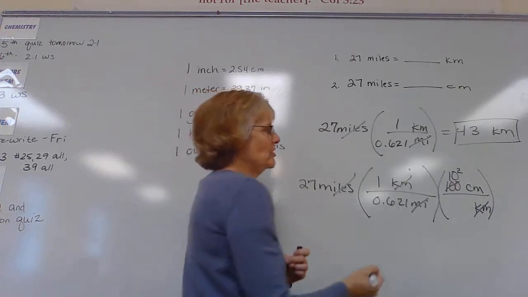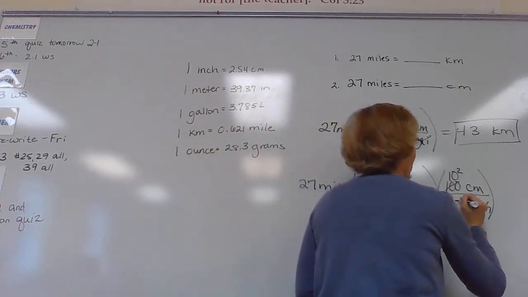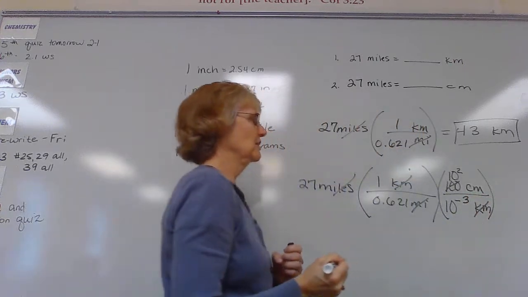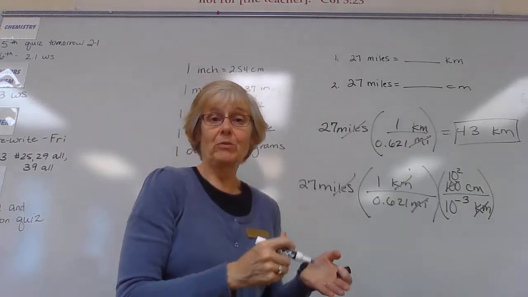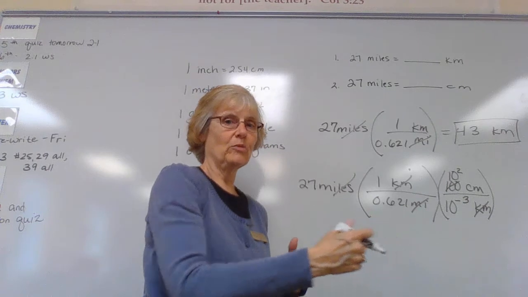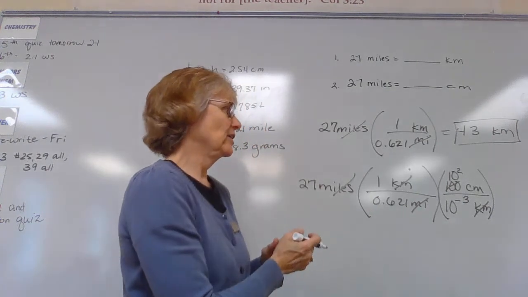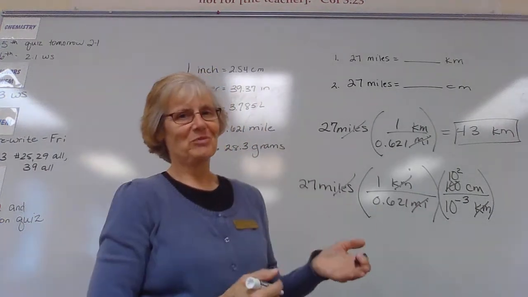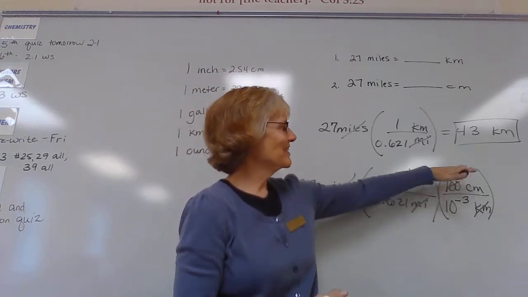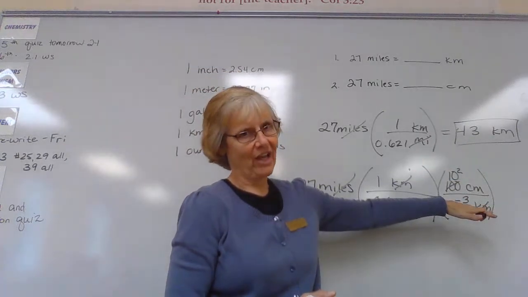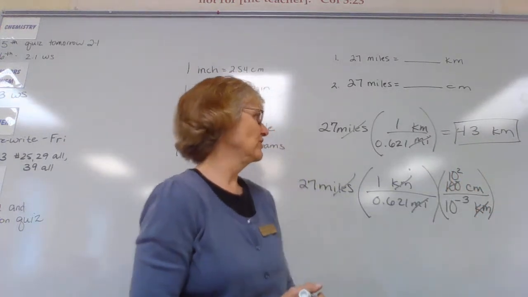And for kilometers, it's 10 to the minus 3rd kilometers is equal to a meter, right? Because it's 1,000 meters in a kilometer, and so I need a 1,000th of a kilometer to be equal to a meter. So if both of these equal 1 meter, then they equal each other, and I can use that as a conversion factor.